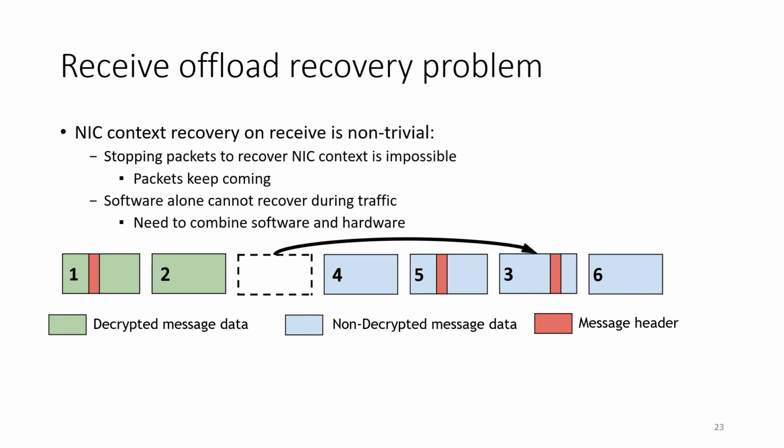Recovering the context on receive is harder, simply because packets continue to arrive and NIC hardware has no control over that. As traffic continues to flow, software cannot point hardware to the position of TLS records within the TCP byte stream, as any TLS record header observed by software is stale compared to packets observed by hardware.